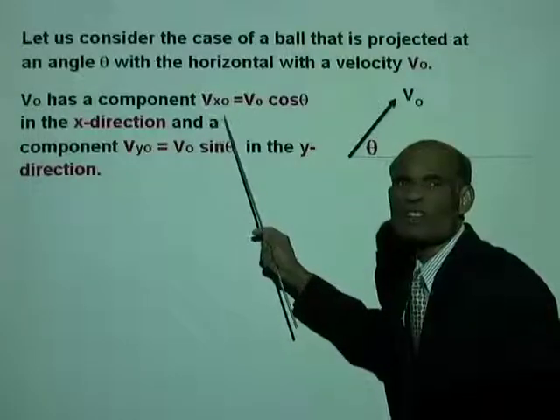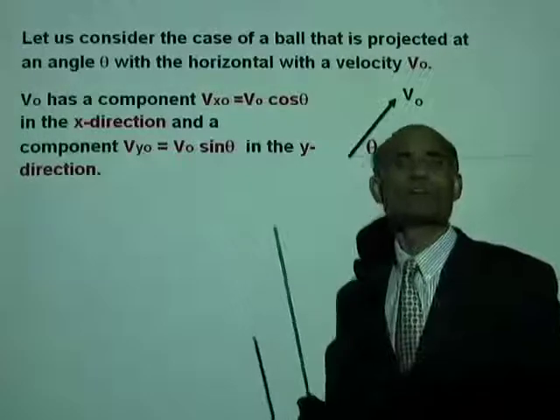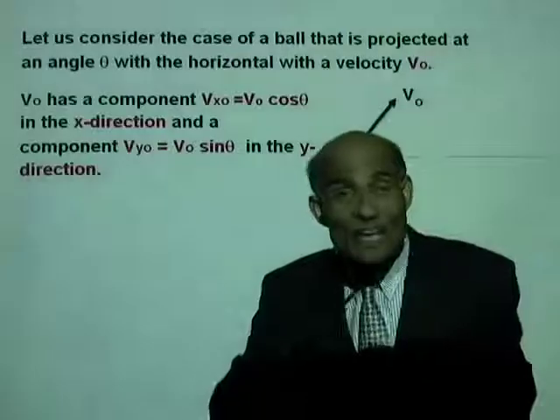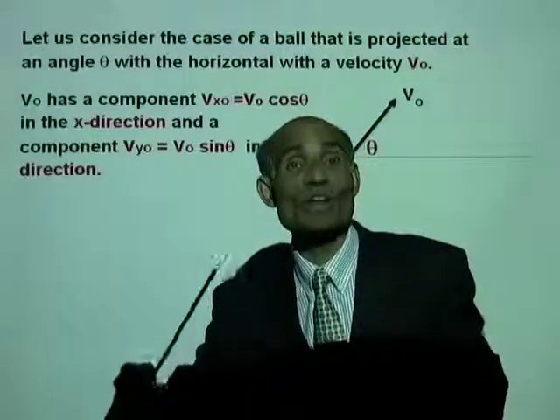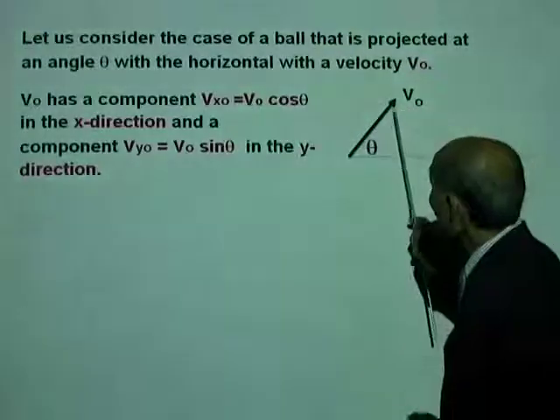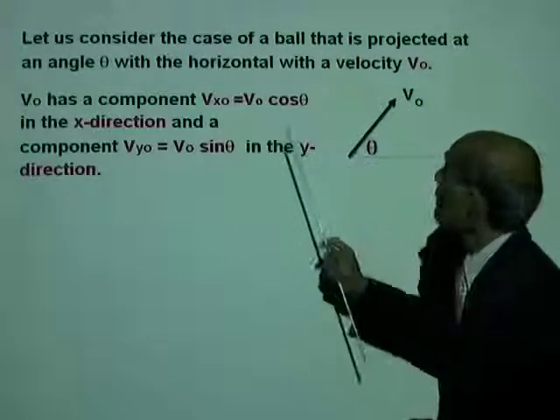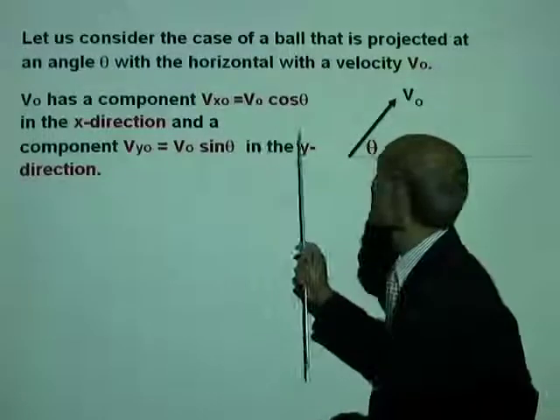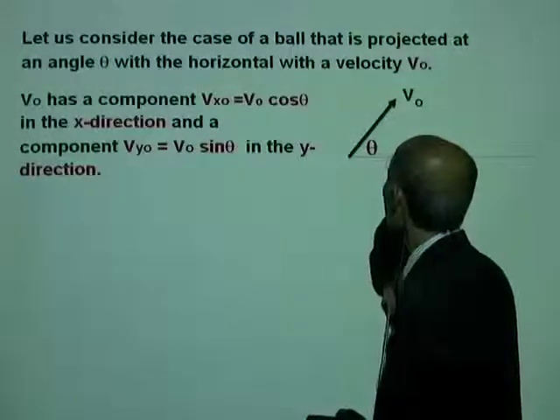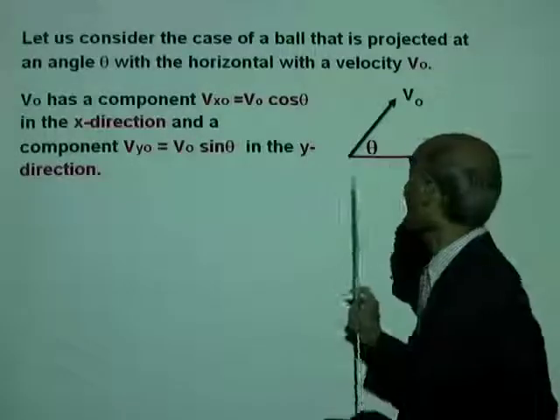What does vx0 stand for? Vx is the x velocity. Vx0 is the initial x velocity. So, this v0 has a component vx0 equal to v0 cos theta along the x-axis.